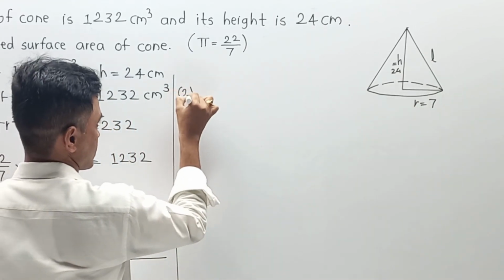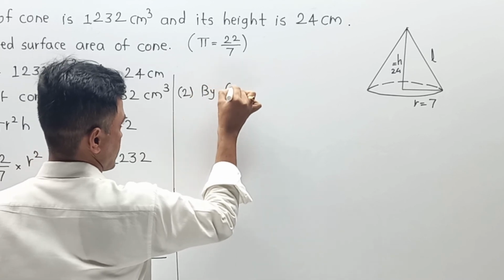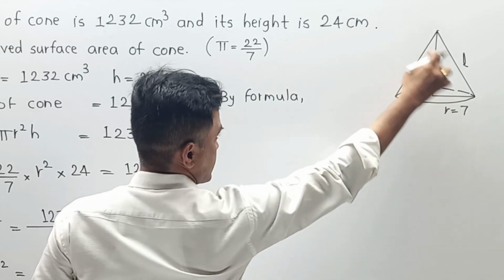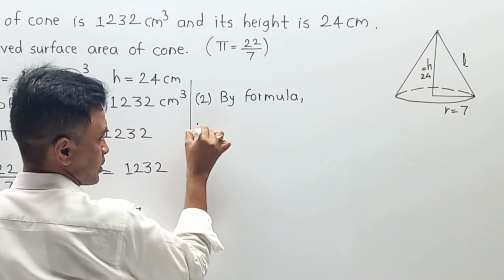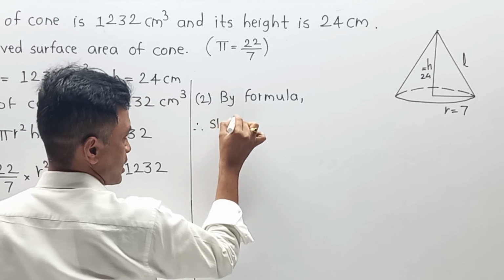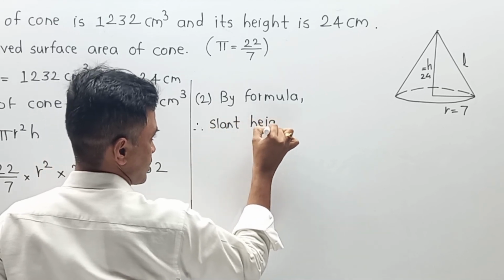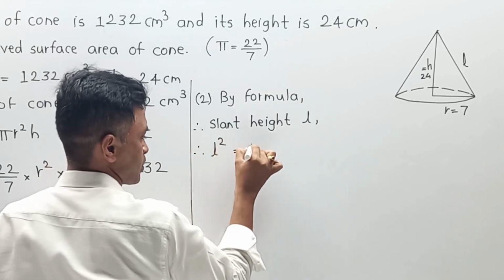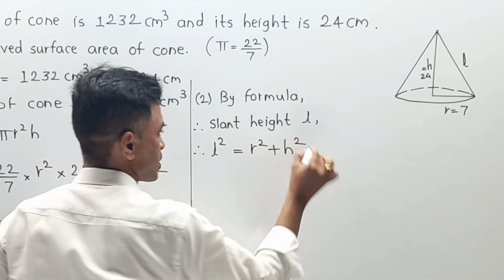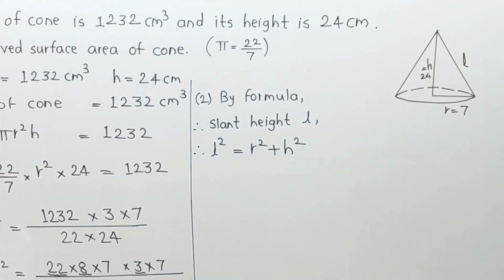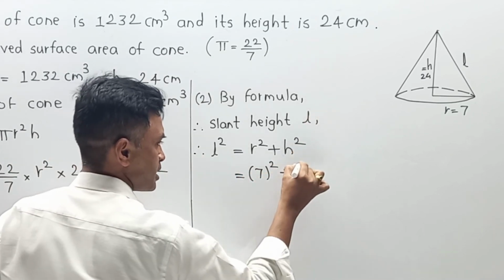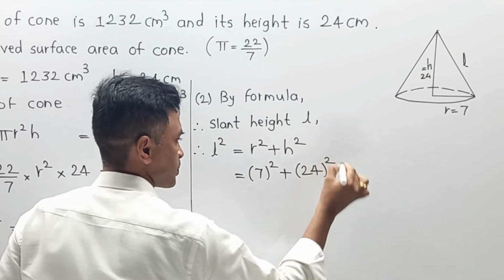So here, second, by formula, R square plus H square is equal to L square. So for slant height L, L square is equal to R square plus H square. Now we have recently calculated the value of R as 7 centimeter. So it becomes 7 square plus H is 24, so 24 square.